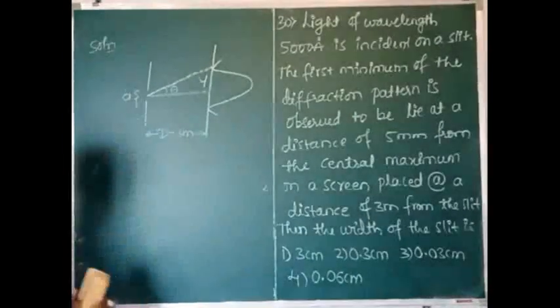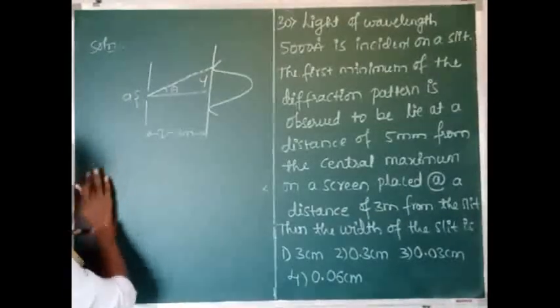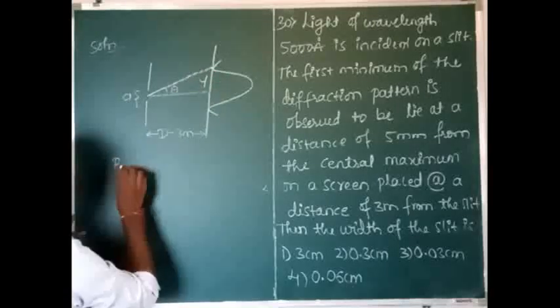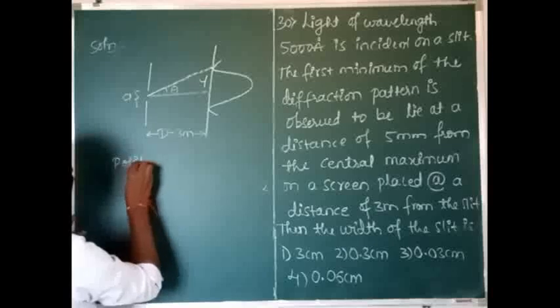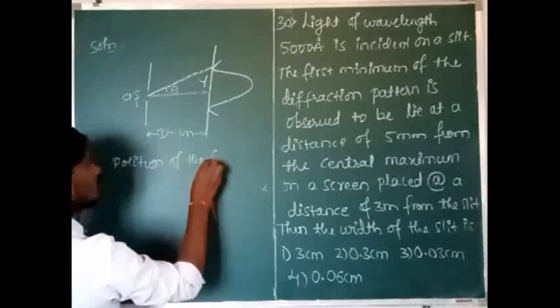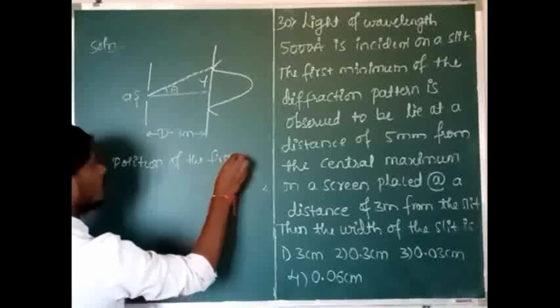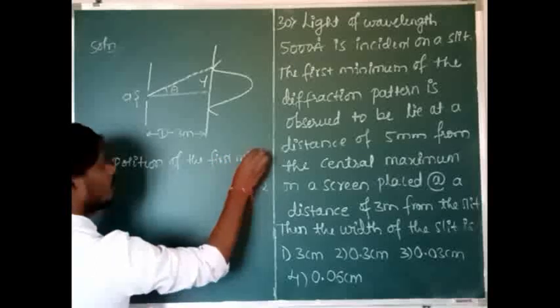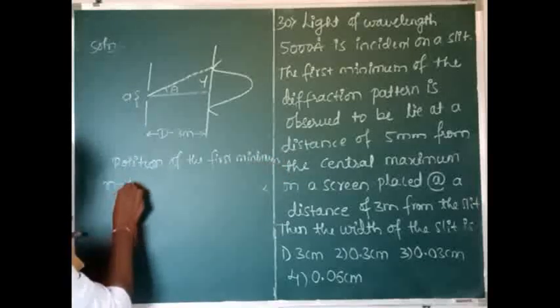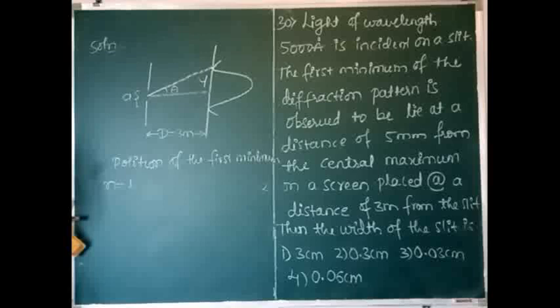How to find it? See here. The position of the first minimum is n is equal to 1. What is the path difference for the first minimum?